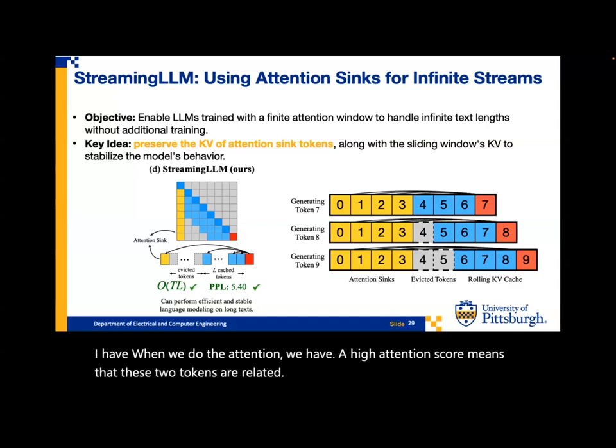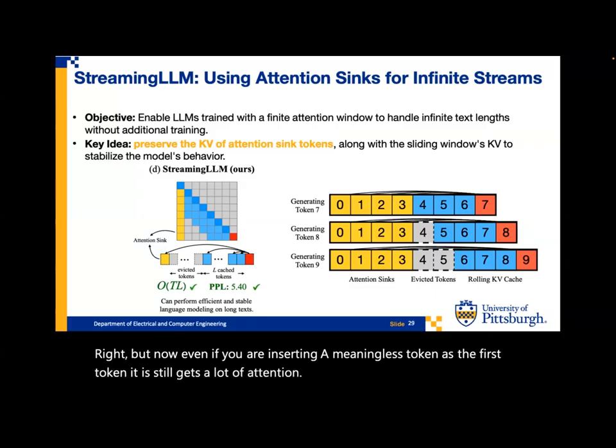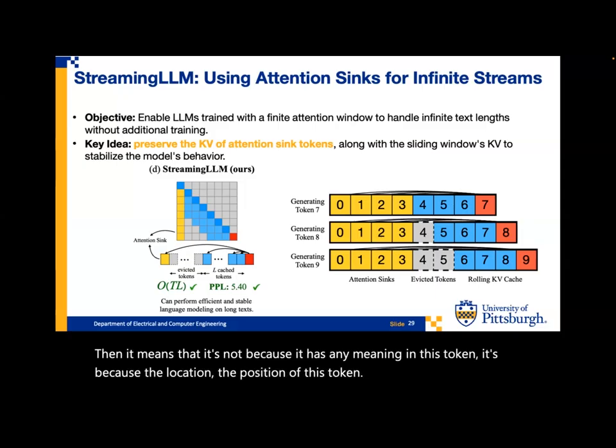But now, even if you insert a meaningless token as the first token, it still gets a lot of attention. Then it means that it's not because of any meaning in this token. It's because of the position of this token. Does that make sense?